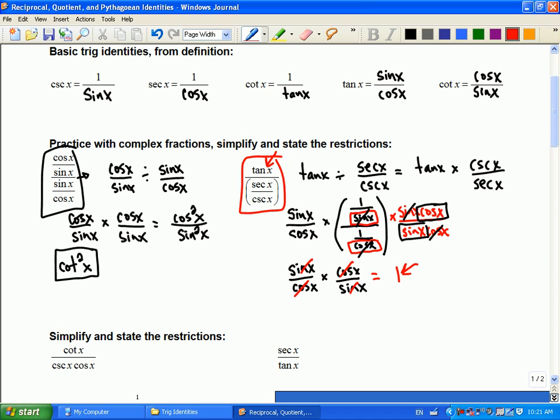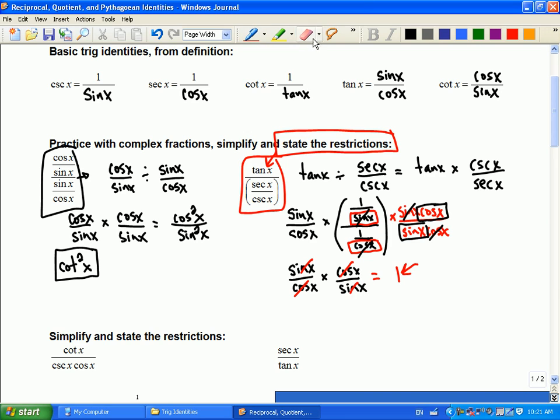There's places where tangent's undefined. That's a problem. So we can't just say that this simplifies down to 1, because that wouldn't be true. The original is not defined everywhere, and 1 is defined everywhere. So what we have to do when we say state the restrictions is go back to the original and figure out what's wrong with the original. What do we have to preserve?